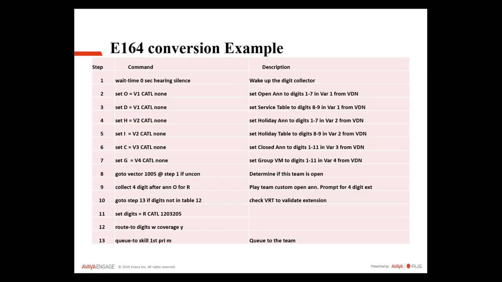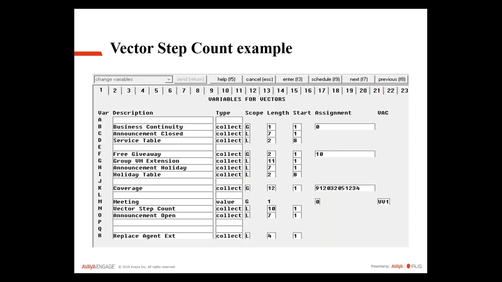So I'm going to route to those digits with coverage, and now that 4-digit PIN will route to my 11-digit agent ID. It saved a lot of time and aggravation for my customers when we did it this way. So that's one example. Another thing you can do is vector steps counts.